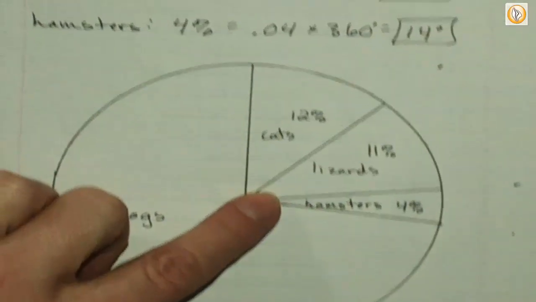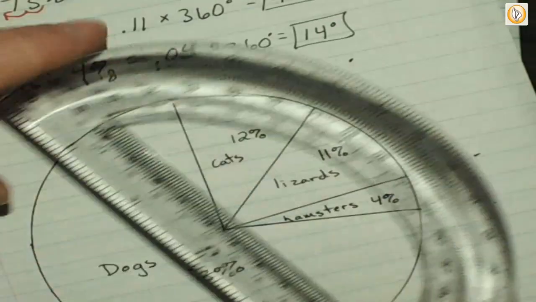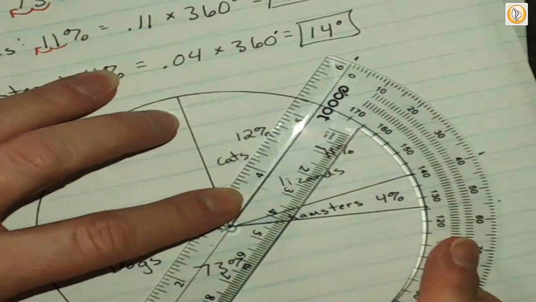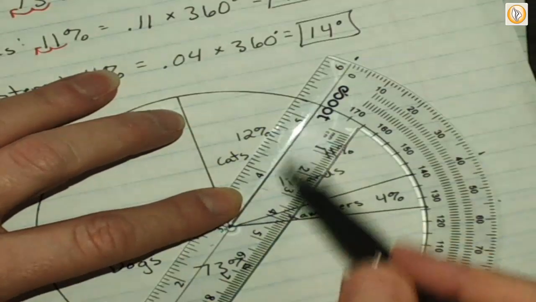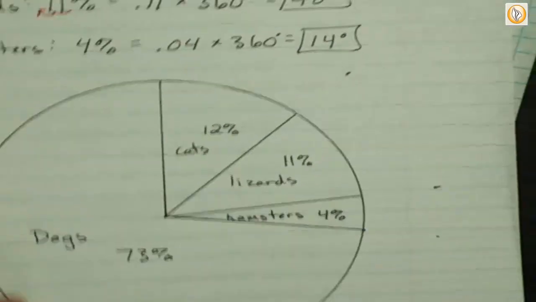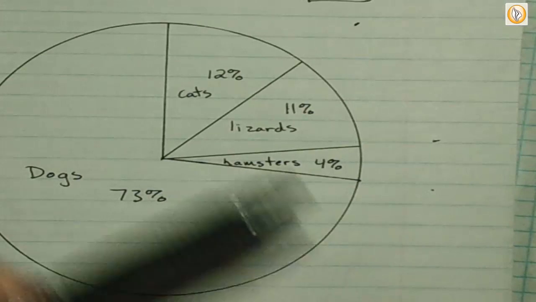No, the lizards was 40 degrees. So I use this radius and I put it like this, and then I measured right here. Oh, that's what got me confused. Okay, that's the only thing that got me confused, because I was curious how it was so different.